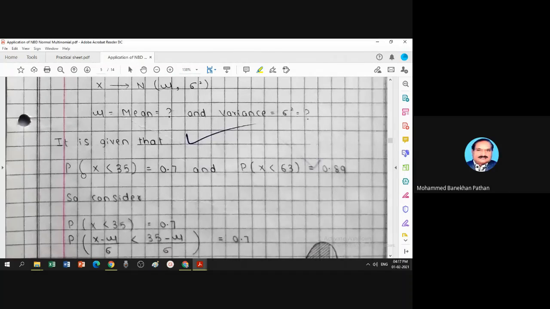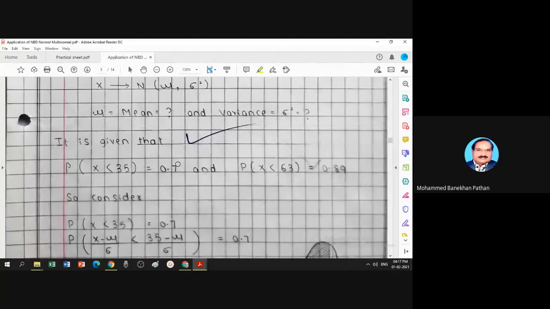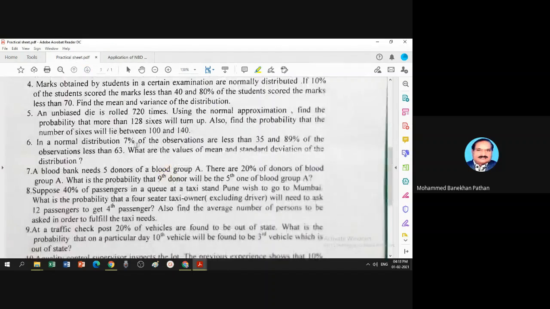Chance that an observation is less than 35 is 7%. So 7% means what? This is wrong. 7% means it should be 0.07, but everywhere it is taken as 0.7, so you make a correction at this place.